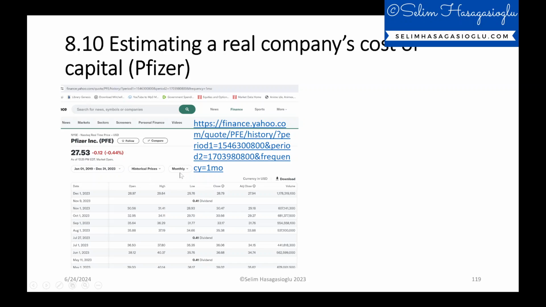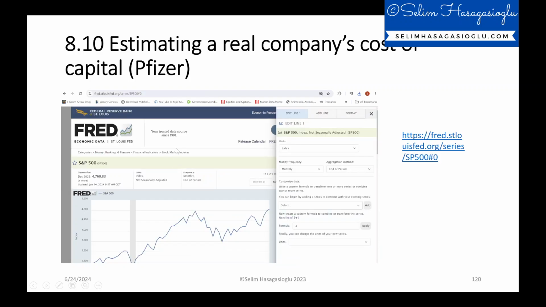Under historical prices, choose monthly, and you can download this data so that you will be able to calculate monthly returns on Pfizer stock, and these returns will be then regressed on the returns on the market portfolio, which will be the S&P 500 in our case. So of course you need to calculate monthly returns on the S&P 500 as well.